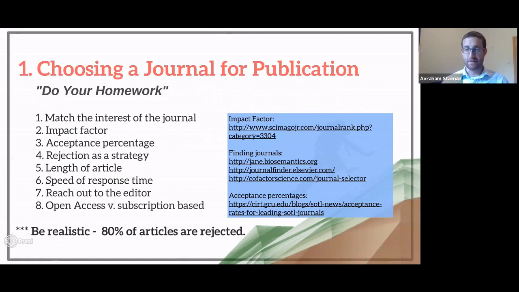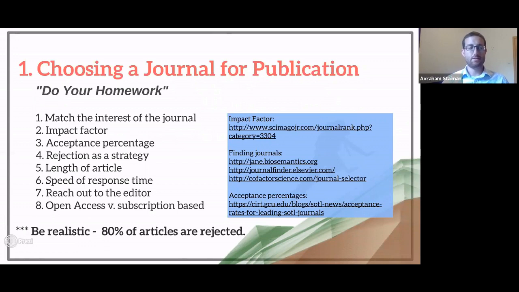So what are the other factors? So first of all, impact factor is a factor that I'm sure you've heard of and are familiar with. In short, impact factor is a method for determining the value of a journal based on the number of times that it is quoted and cited in other articles.